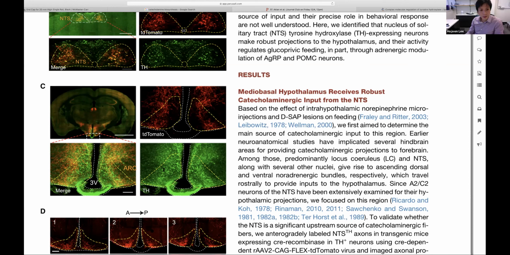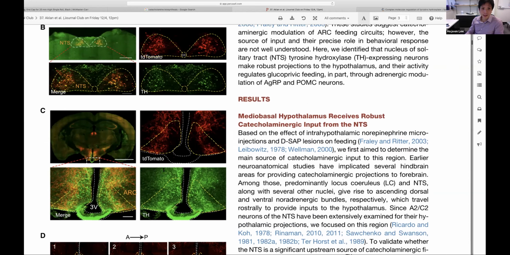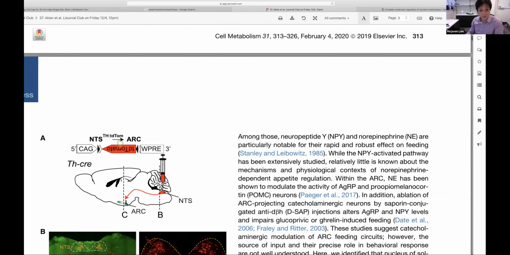But if the experiment worked well, one thing you could see is, let's say you have an arcuate nucleus TH neuron that projects to the NTS, going the reverse way. Then you could have that virus be picked up by the projections of arcuate nucleus neurons that go to the NTS.